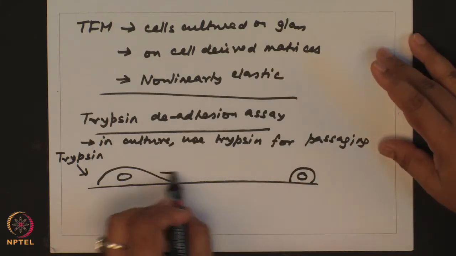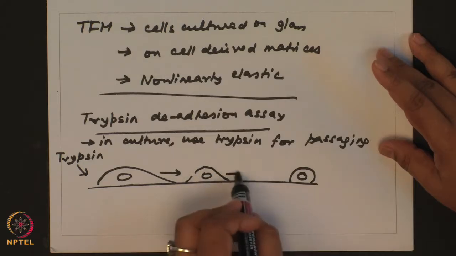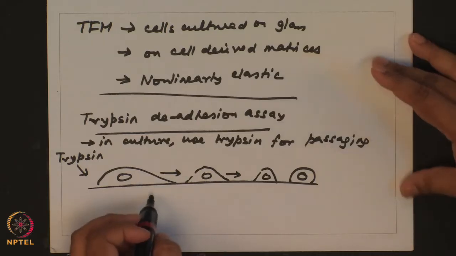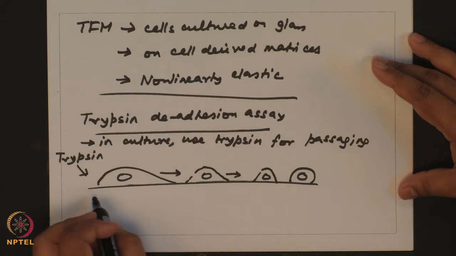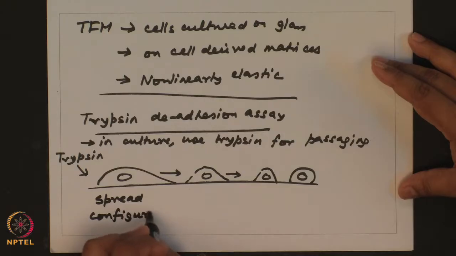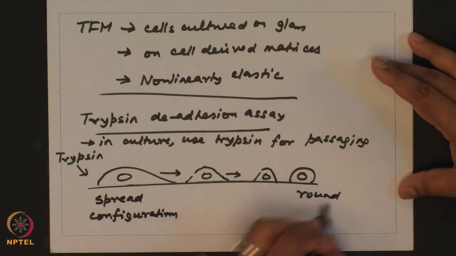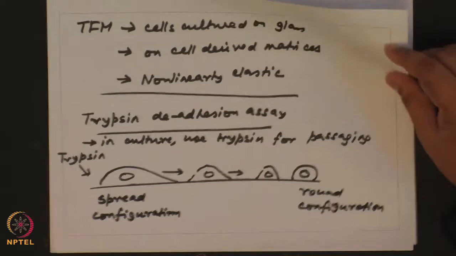And in between you would have a range of different configurations where the extent of rounding up is increasing. So, cell goes from a completely spread configuration to a round configuration. So, you can actually track the dynamics.